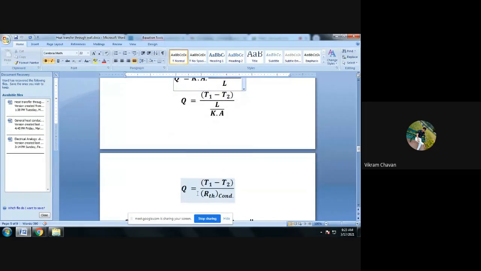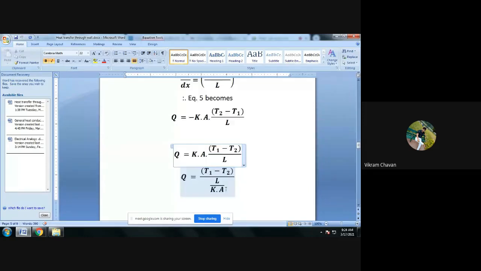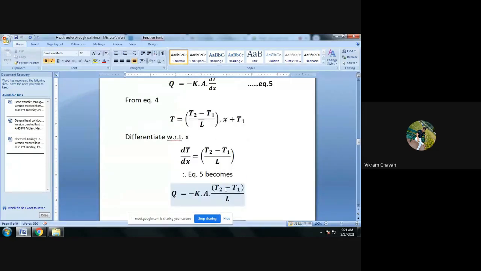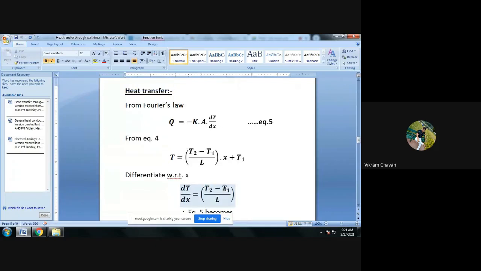So Q is equal to (T1 minus T2) divided by the thermal resistance for conduction, R_th (conduction). Did you understand how to determine the equation for heat transfer through a wall?